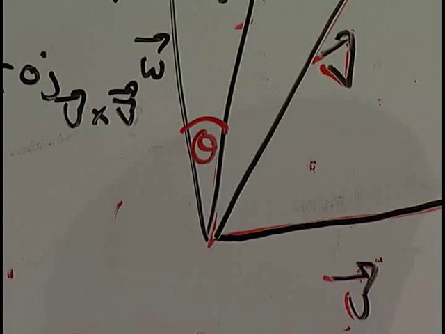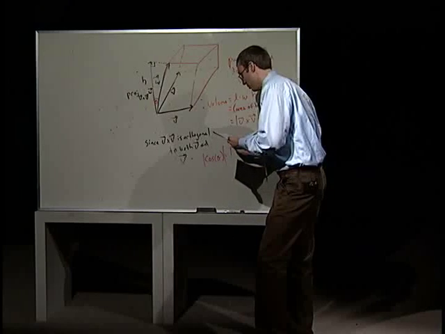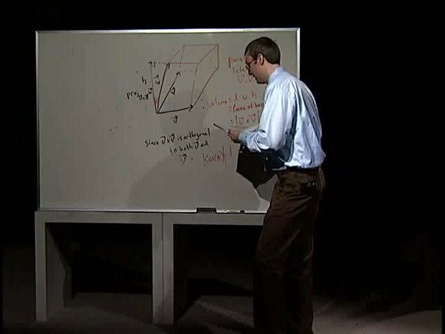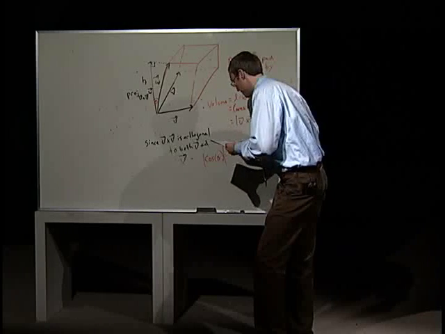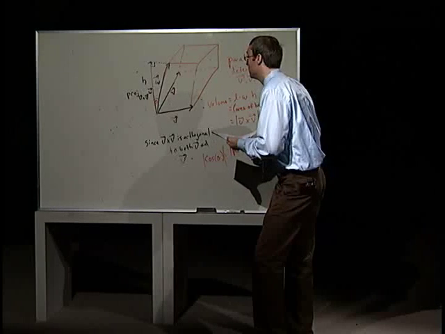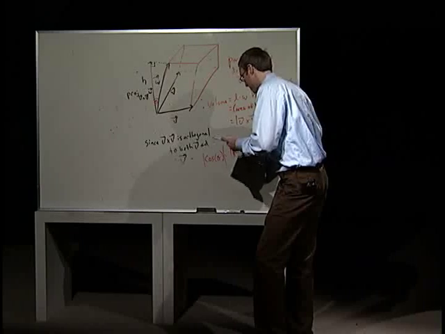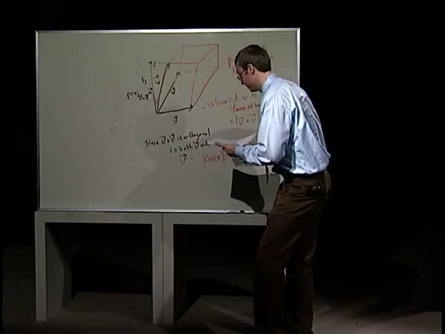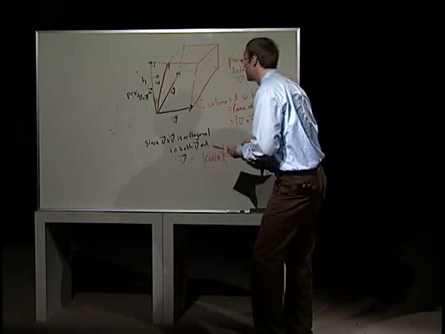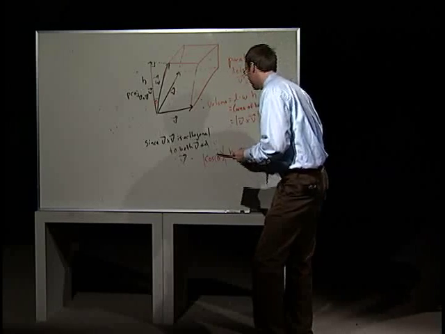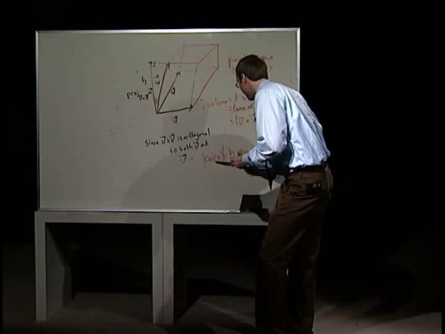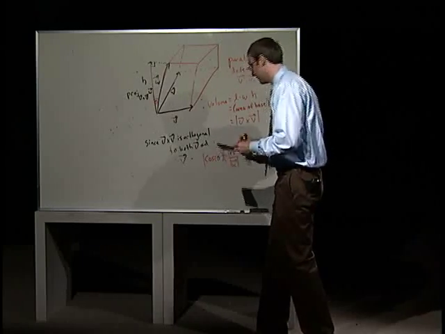Cosine theta, the absolute value of that, equals the absolute value of the height, adjacent over hypotenuse, which would be h over the absolute value of w, like that.